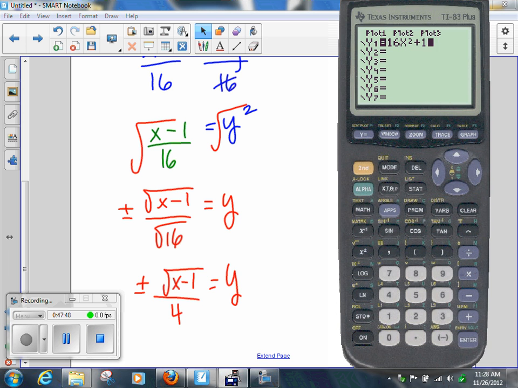Now, let's see how we're going to put this in. Let's see if I remember how to do this. Second draw. Did I clear my drawing? I don't know if I did or not. All right, second draw. I want to draw my inverse. I'm totally thinking this through out loud. We go to y bars.